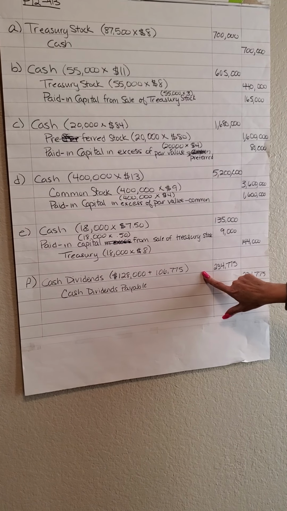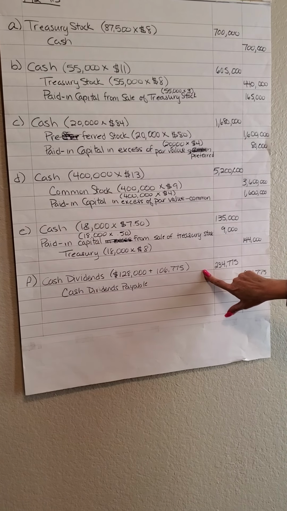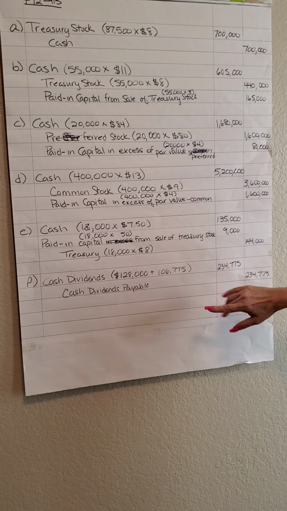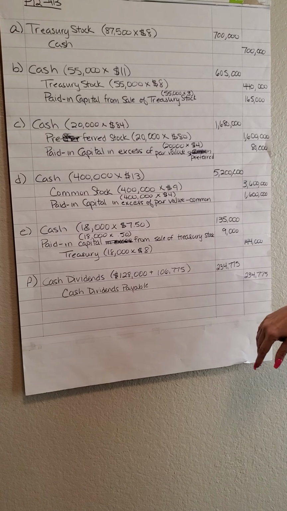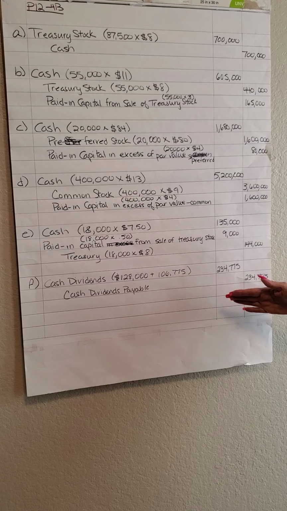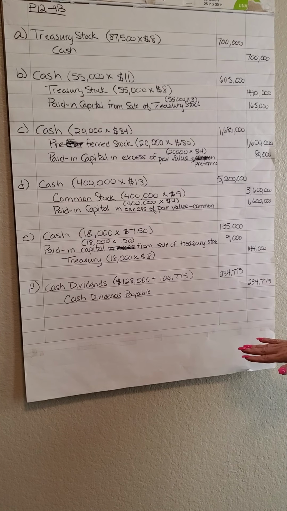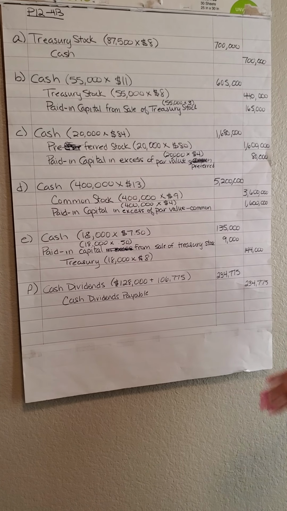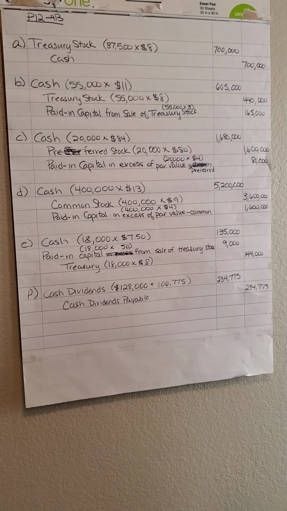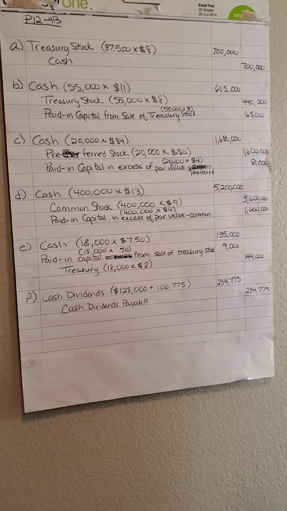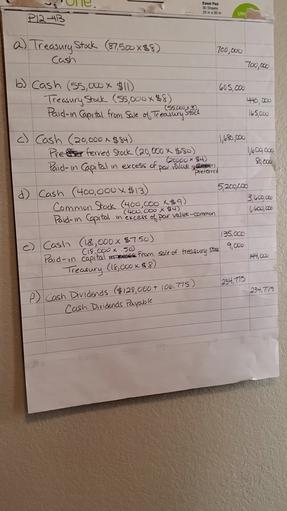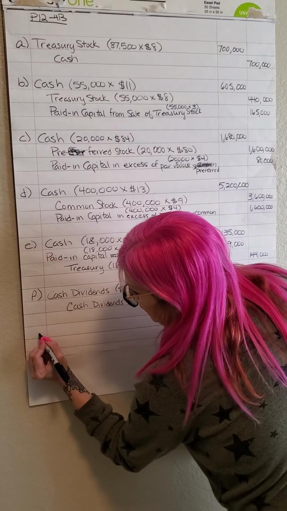And so remember, this is the date of declaration. On the date of declaration, the company says we're going to pay cash dividends of this amount that'll be payable to stockholders of record, which is a date which doesn't require an entry, on the following date, which is the date of distribution. So then in the last journal entry, they want us to record the actual payment of the cash dividends.